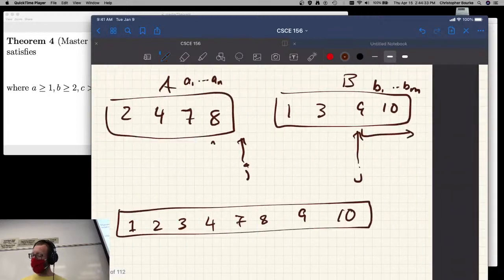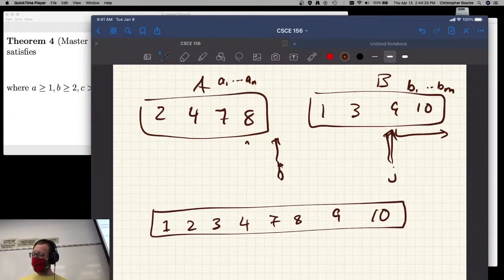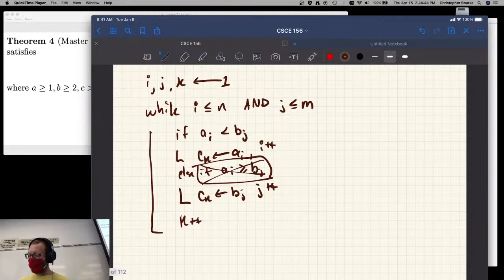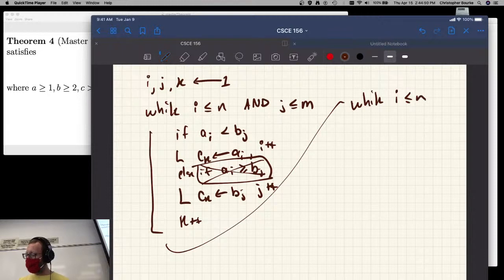Except for when one of them falls off the edge of their world, I need to make sure that I copy the rest of it. So that's just 2 more while loops. While i is less than or equal to n, C sub k is A sub i, i plus plus, k plus plus.